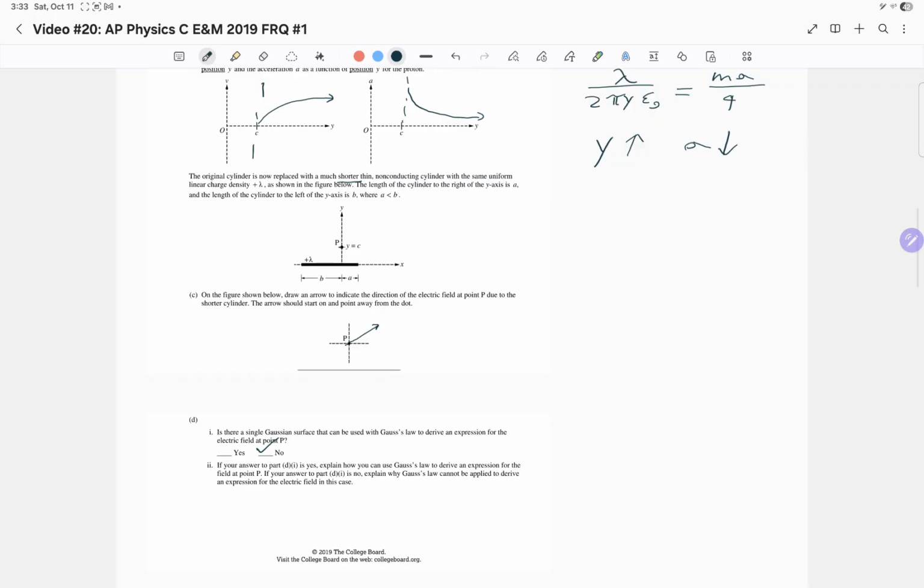Here, the rod is much shorter, and if we were to attempt to draw a Gaussian surface, if we looked at each individual point on the cylinder, the electric field will not be the same.